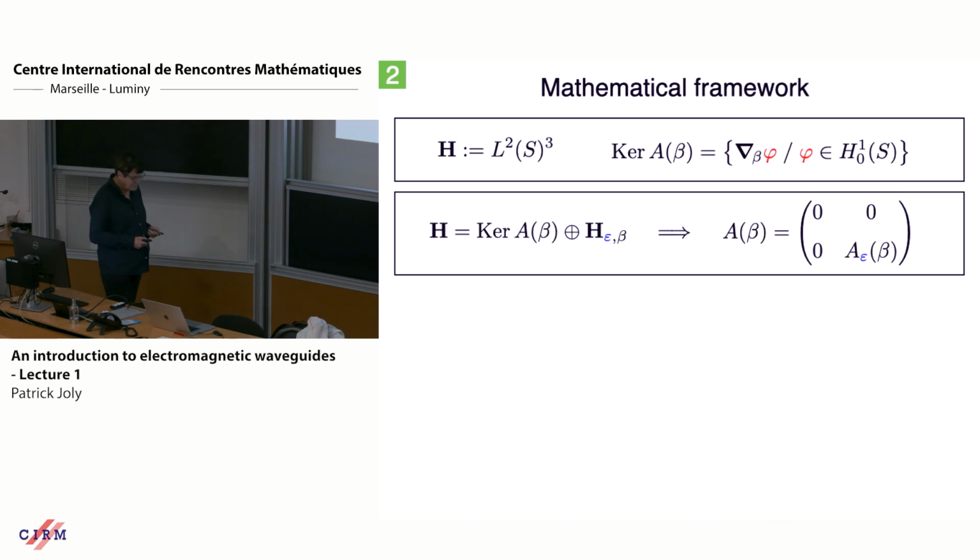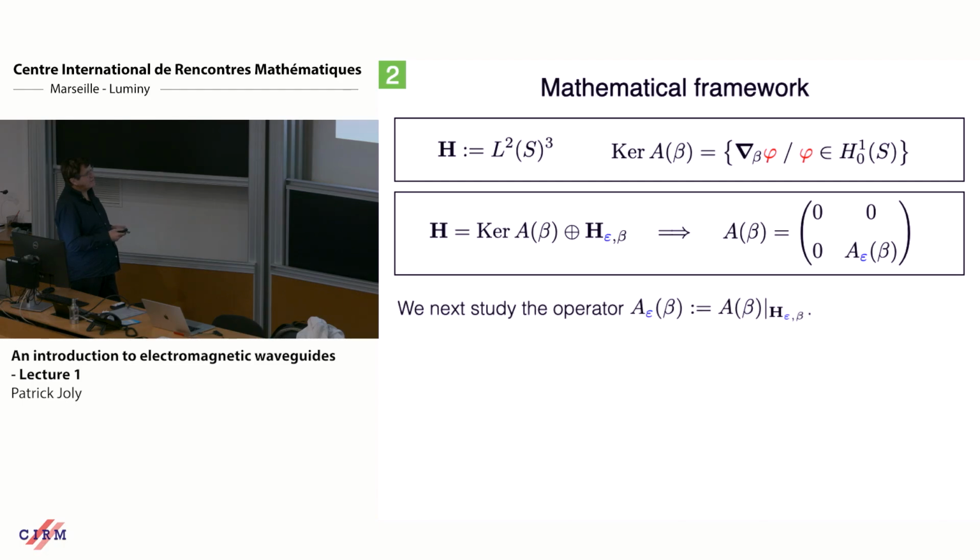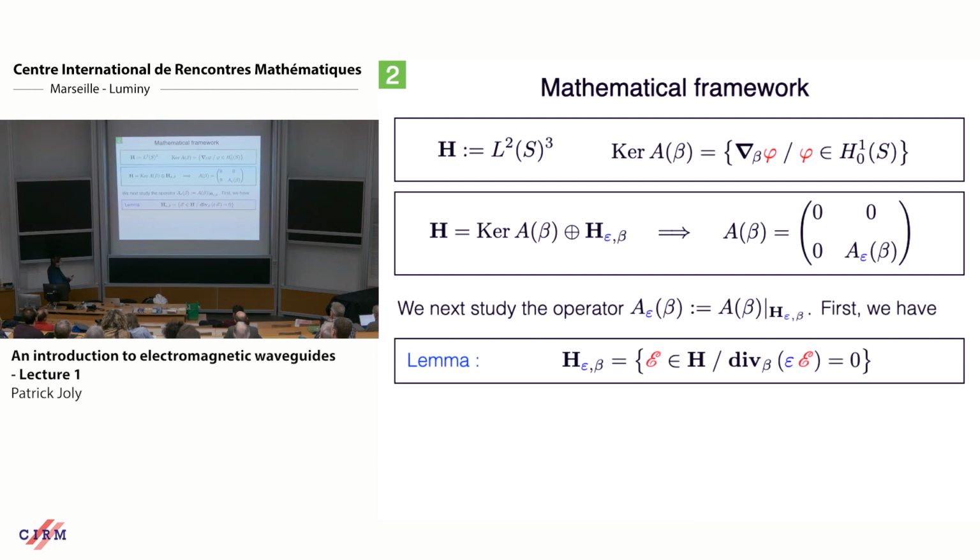So once you know that you have an infinite dimensional kernel, it's natural to introduce its orthogonal complement in the Hilbert space, so that with respect to this decomposition, you have a representation of the operator like that. And in the rest of the talk, I will be interested by the restriction of this operator to this space H epsilon beta, and I call it A epsilon of beta because the space itself a priori depends on epsilon, as we will see, because in fact it can be identified.